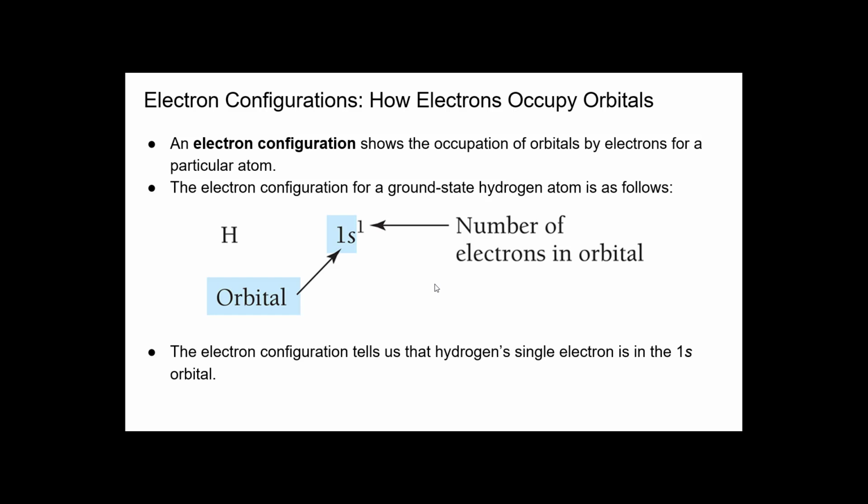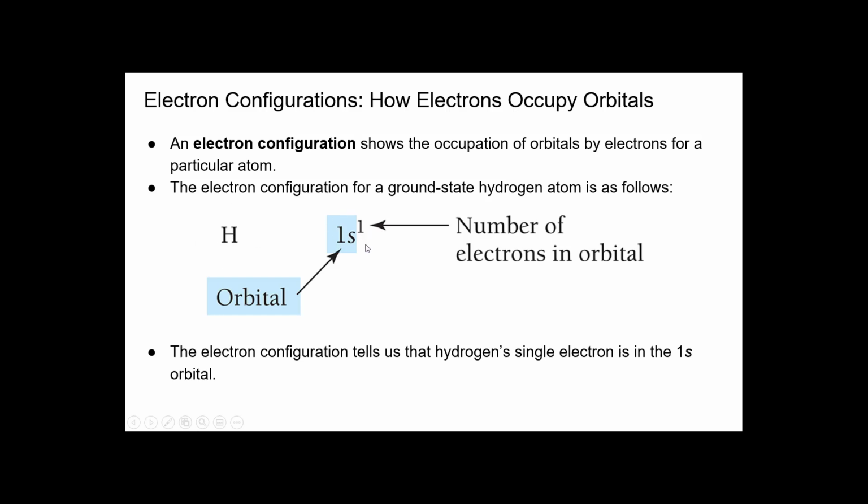So we're looking at a ground state hydrogen atom, and we would write it with the information that we understood from the previous section. So one hydrogen atom can occupy a 1s1 orbital. This means here is the principal quantum number, n equals 1. The orbital is s, and this is the number of electrons held by this atom, so this is 1 electron.